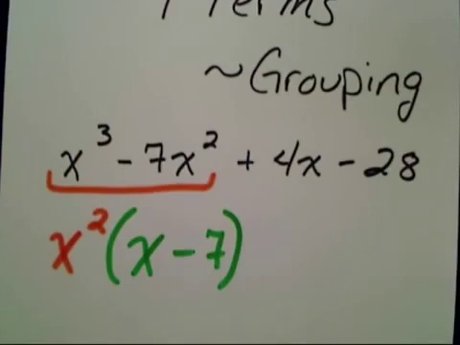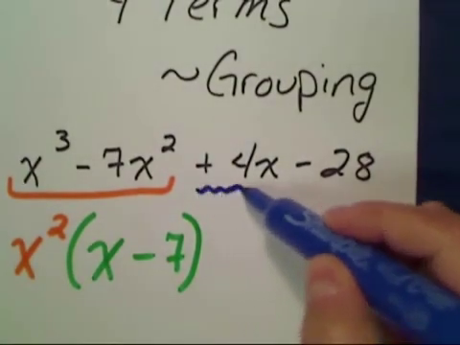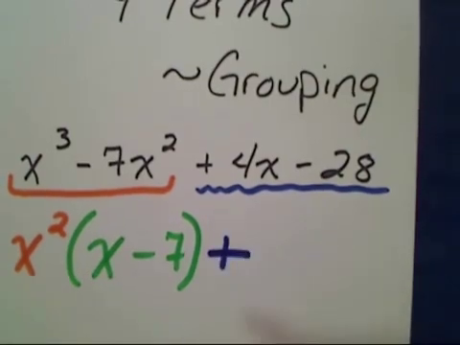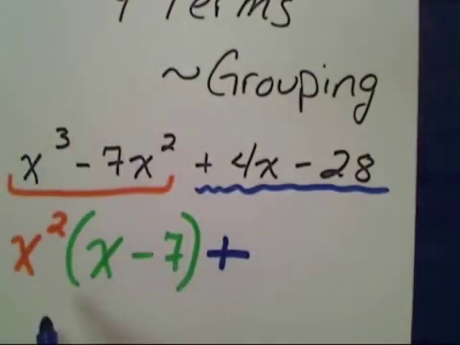Now I'm going to do the same idea with the second 2 terms. I'm going to group those 2 together and say, what's the greatest common factor between 4x and 28? The greatest common factor there is 4. Now it's a positive 4, and because I'm grouping 2 separate terms, I need to put that plus sign in to separate my terms, because I rewrote these 2 terms as a single term.